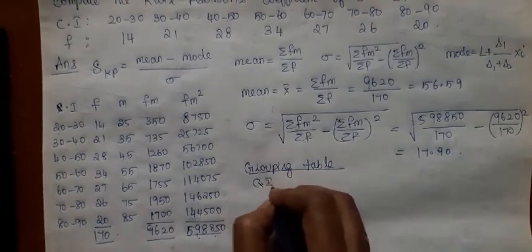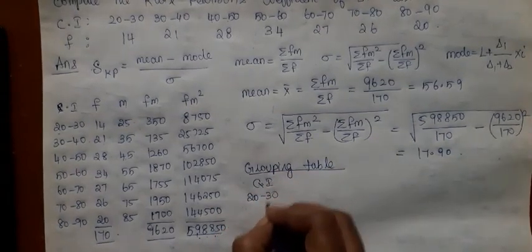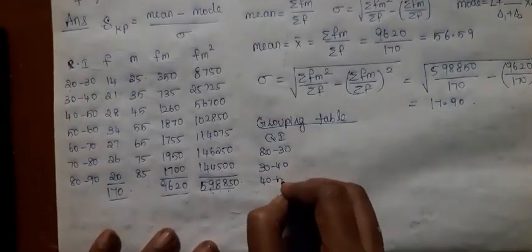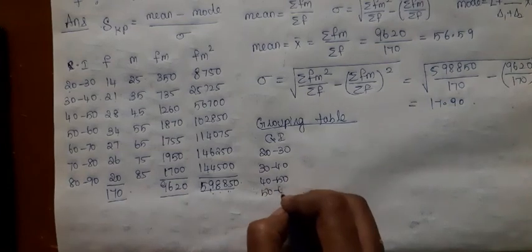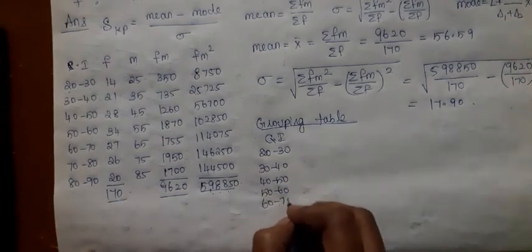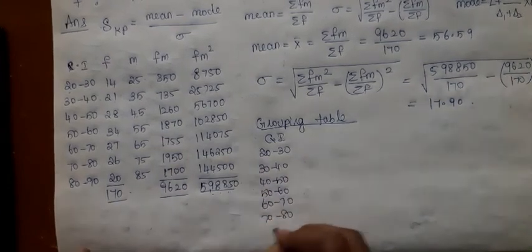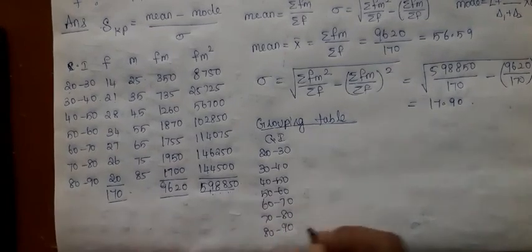Now to compute mode, let us frame the grouping table. The class intervals are 20 to 30, 30 to 40, 40 to 50, 50 to 60, 60 to 70, 70 to 80 and 80 to 90.